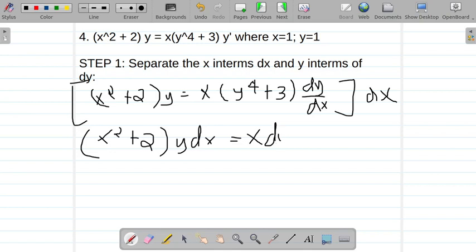Since it cancels out, if you multiply by dx, dx is also canceled out in that equation. So, what remains is x dy times y to the power of 4 plus 3.